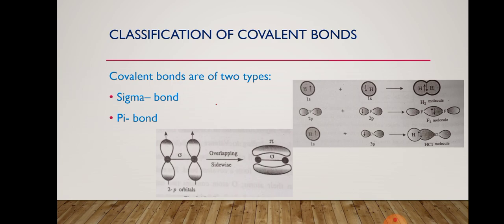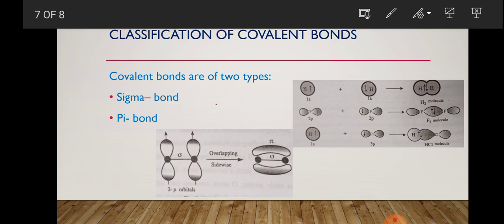When two singly occupied valence orbitals on two atoms overlap head to head or end to end along their axis, then the covalent bond formed with maximum overlapping of bonding orbitals is called a sigma bond. For example, formation of hydrogen molecule, fluorine molecule and hydrogen chloride molecule, etc.